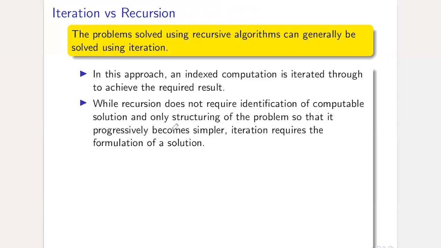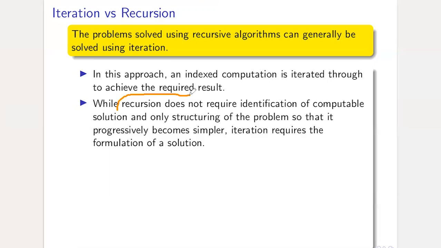The trick or the method is to use an index to figure out whether we have called the function repeatedly with the changed parameters.